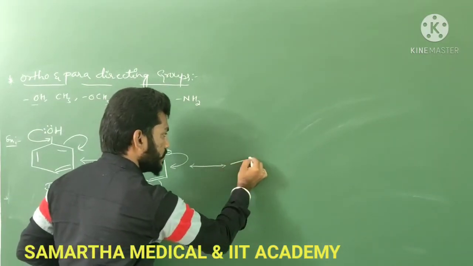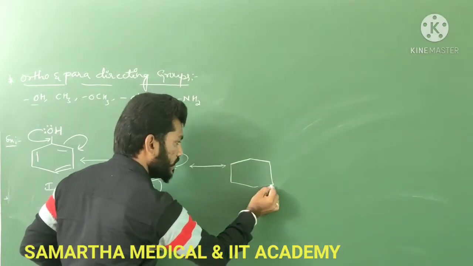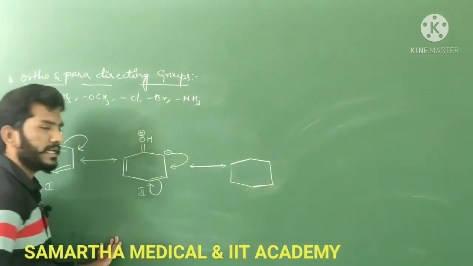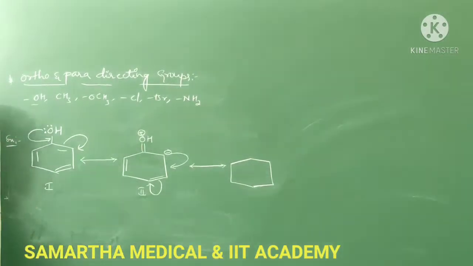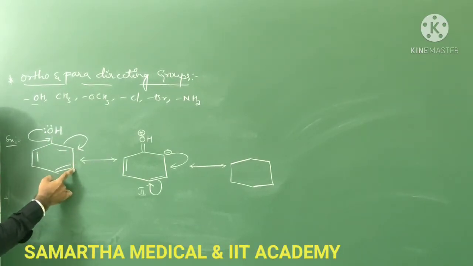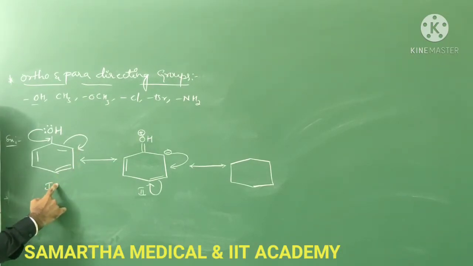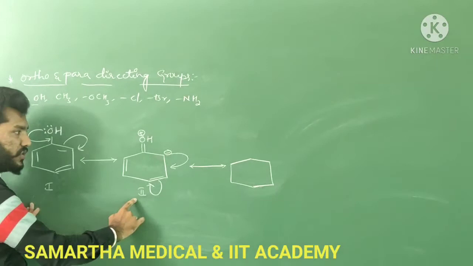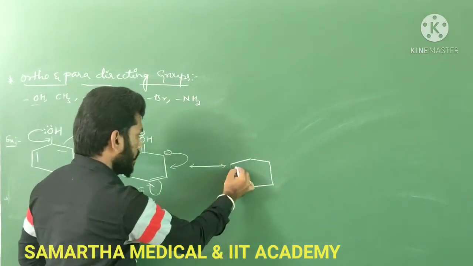While writing the canonical structures, you have to focus on where exactly the negative charge is located, on which position. The next carbon atom from the substituent we call ortho, the next meta, and the next para. Ortho, meta, para. So in the second structure we got the negative charge at the ortho position.